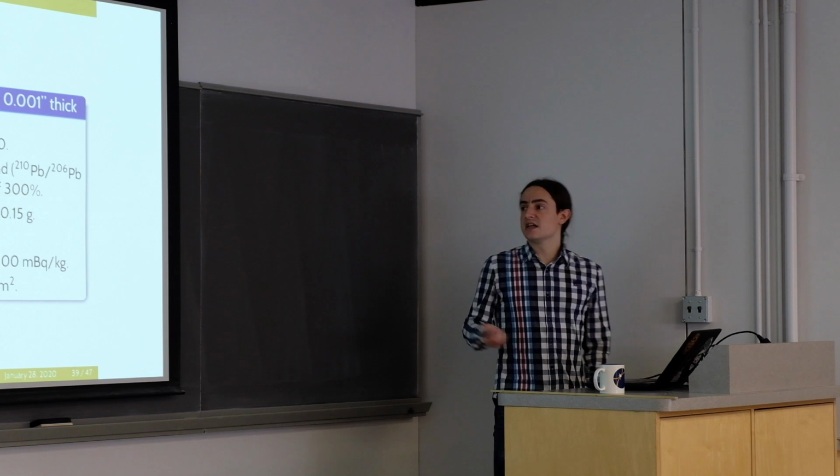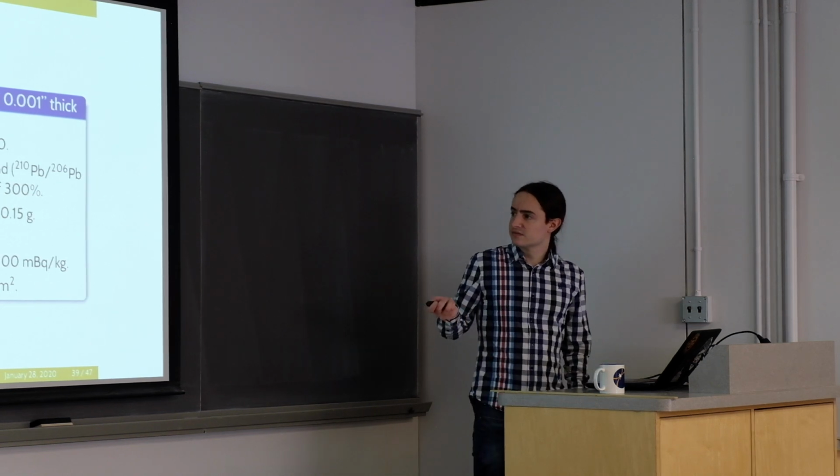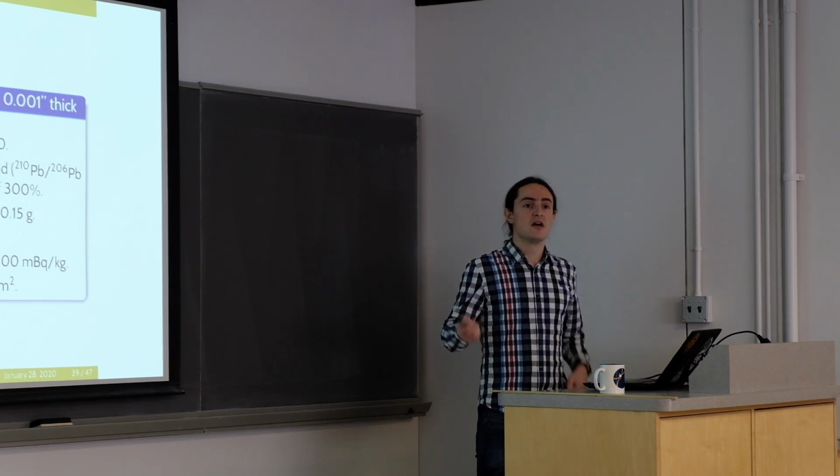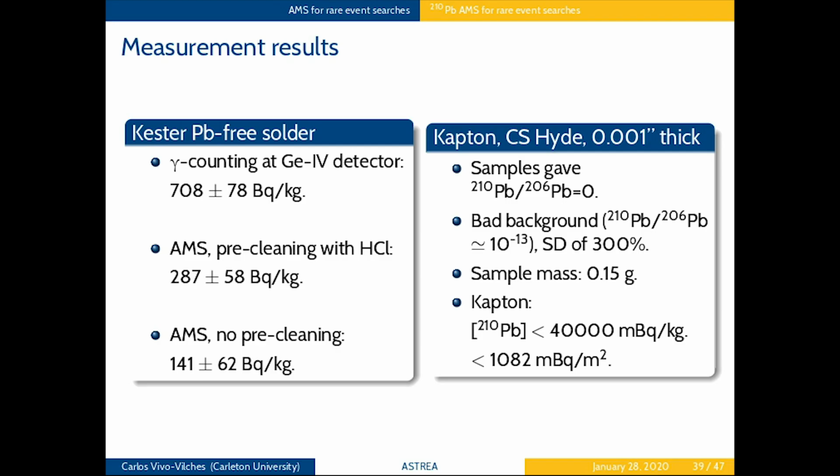We did these measurements in August last year. So here for the lead-free solder, first we have the results from the group of the University of Alabama by gamma counting at SURF, and these two are the measurements of two different aliquots of our samples. We see that our results are of the same order of magnitude as theirs, but there is some difference.